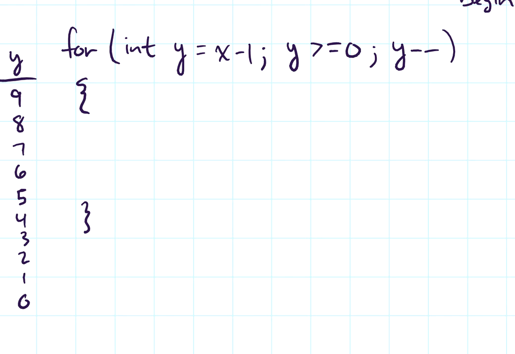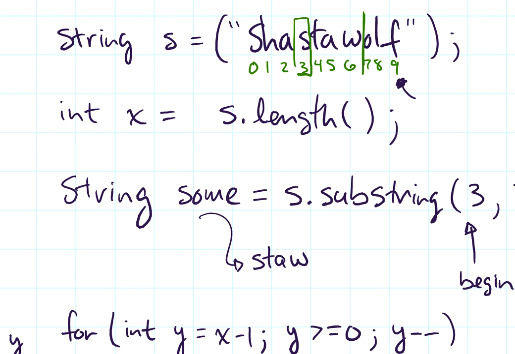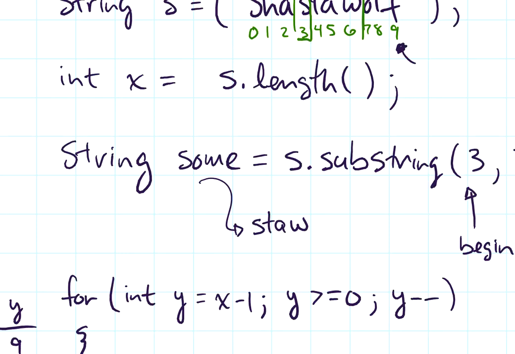So how am I going to use that to print out these characters in reverse order? Here's how. I'm going to do a System.out.print. The reason I'm doing print is I want it all on one line. What I'm going to print the very first time through is just this letter F. So in order to get that, I need to give it the number 9 up to but not including one more than 9.